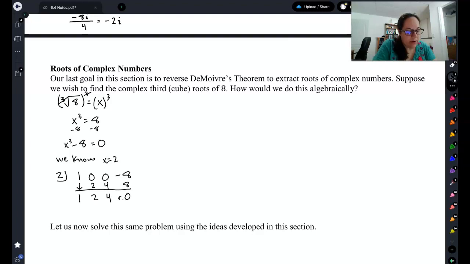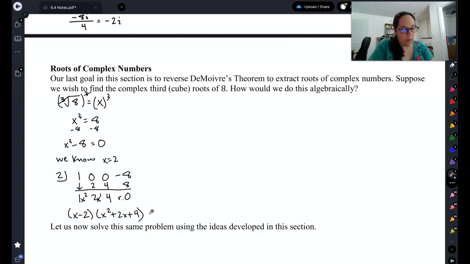So this is remainder 0, no x's, x to the first, x squared. So that means x minus 2 and x squared plus 2x plus 4 is how we would start to factor x cubed minus 8. Here's the one root I do know. This will give me the other 2 roots.